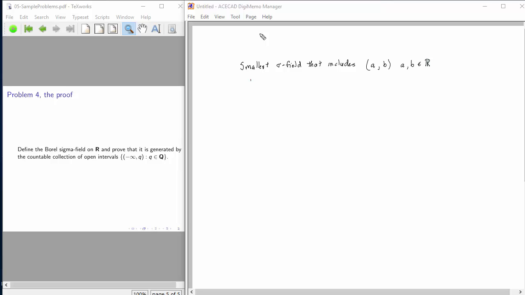And the challenge is to show that I can make this sigma field from intervals that extend from minus infinity to q.